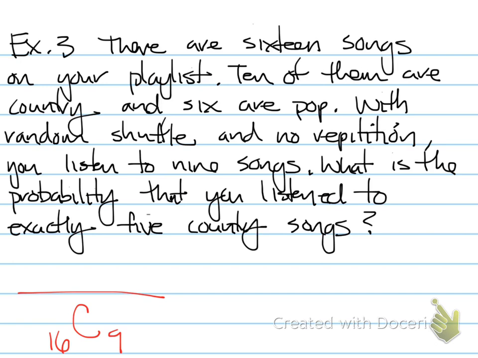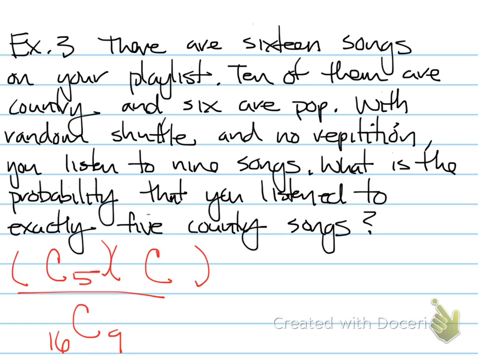And then for the numerator, we're trying to determine the probability of getting 5 country songs. Since there's a total of 9 songs that we're choosing, that would mean 5 country songs and 4 pop songs. So we need to find the number of combinations for each one of those.